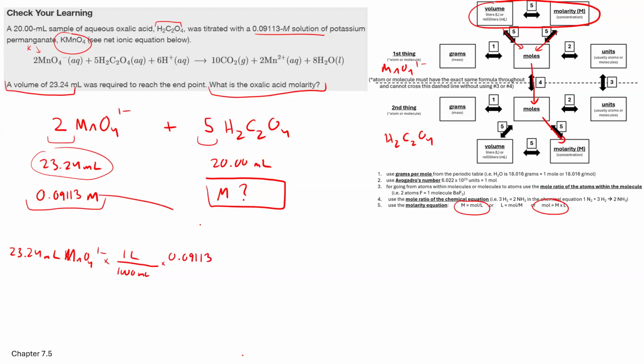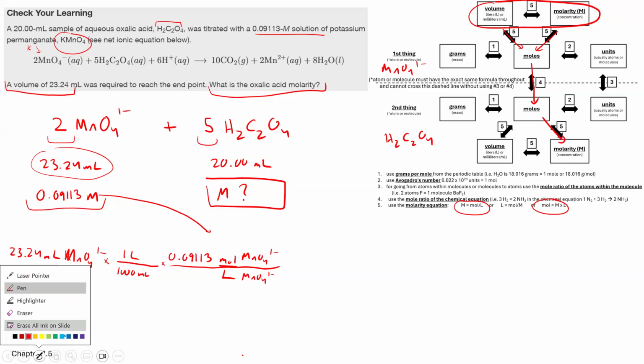0.09113. Again, this is molar, so we can call that moles per liter. And let's give this MnO4 1 minus. I'm going to write this as a big, long fraction: liters of MnO4 1 minus. All right, let's just pause and cancel stuff so we don't get confused.